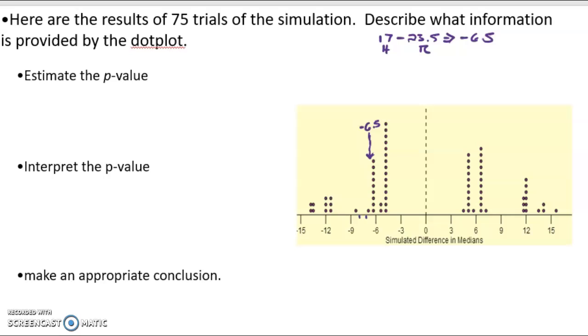Actually, you know what? I think I just totally said that wrong. Let me think about this. 17. Negative 6.5 is your difference in medians. Do you want the difference to go to the right, to be greater?